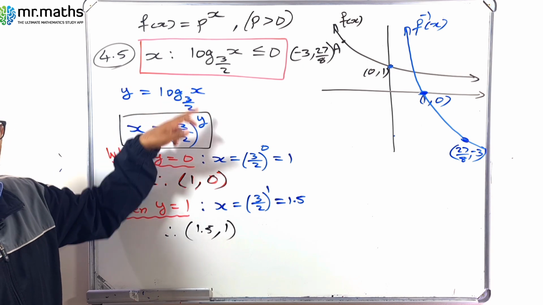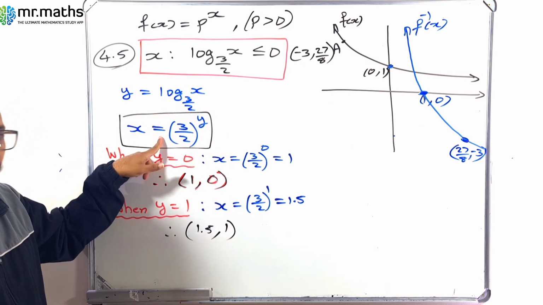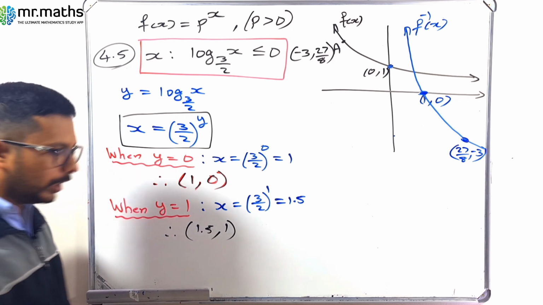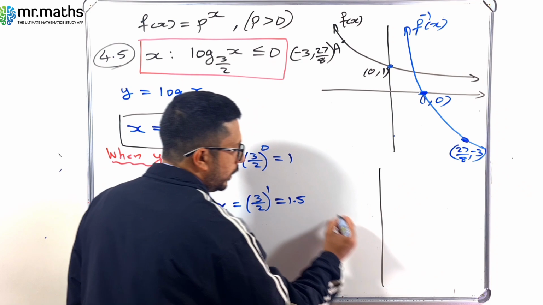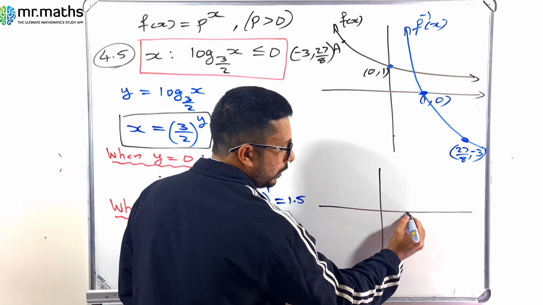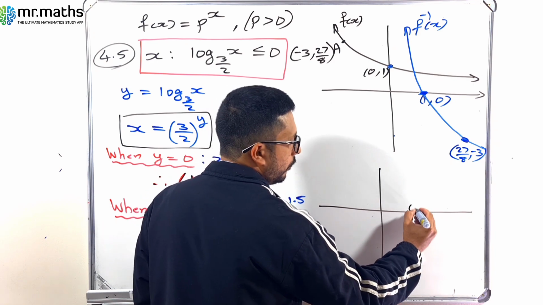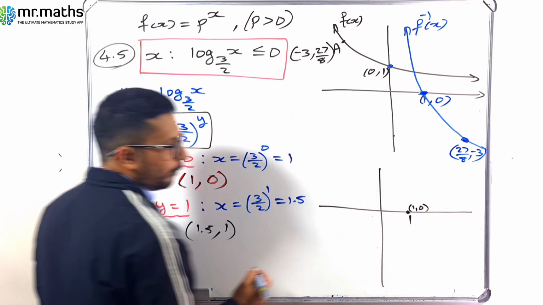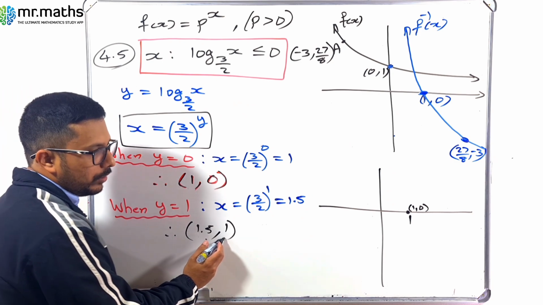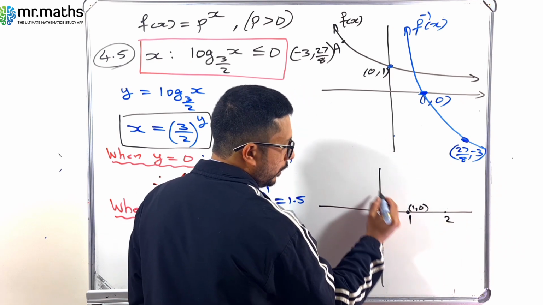Y is equal to log x to the base 3 over 2. This graph is the same as this one. Now for this one we found two coordinates. Let's try to draw that graph. The first coordinate is x 1, y 0. That means this point is 1 comma 0. Now the other one is x 1.5, y positive 1. Assume that this is 2, 1.5 is in the middle, and this is 1.